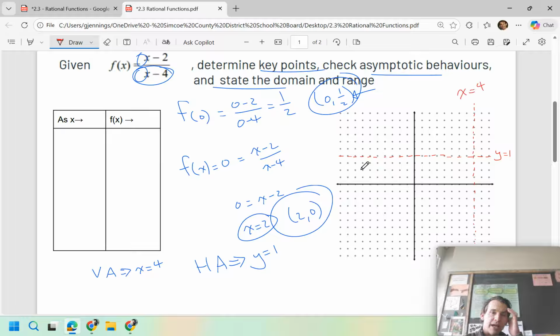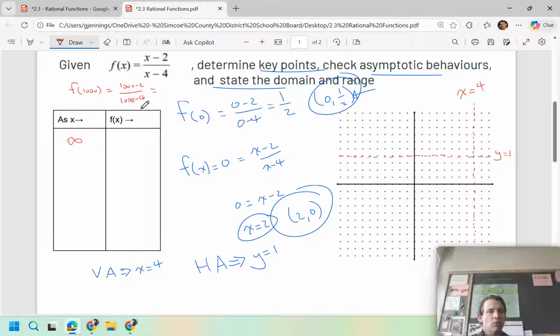Okay? Now, as x approaches infinity, f of x, I just go ahead and test it, and I can test this somewhere else. This is rough work when you test. As x approaches infinity, f of x, I'm just going to look at f at 1,000. This is equal to (1,000 - 2) over (1,000 - 4).